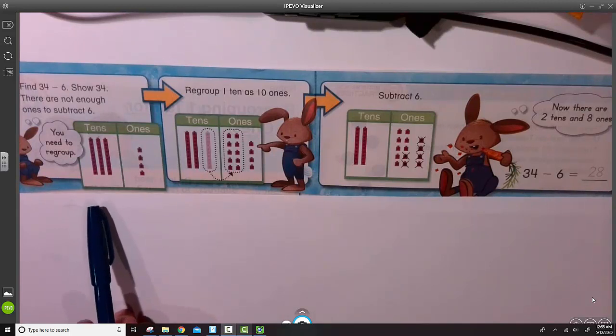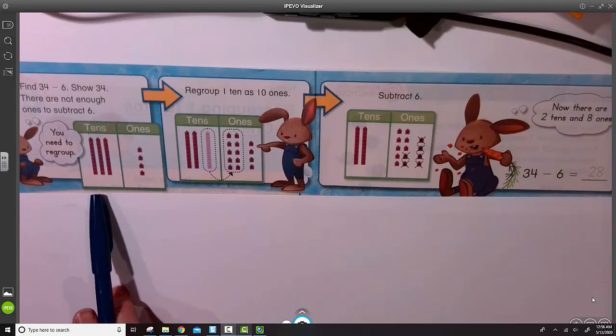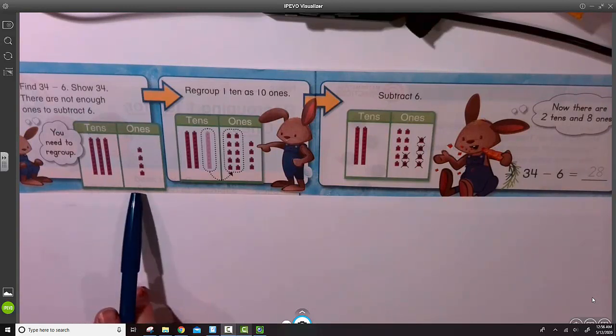Our equation is 34 minus 6 equals, and we're looking for the difference for this question. First of all, we have 3 tens and 4 ones. We need to subtract 6 ones. Of course, 4 ones cannot subtract 6 ones.